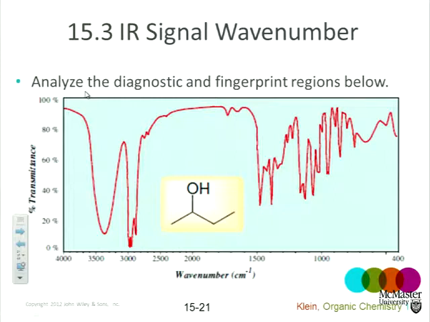Okay, so here now is 2-butanol. The diagnostic region, this is the same spectrum, we've talked about it. The diagnostic region shows you the OH stretch here, the CH stretch here. Where's the CO single bond stretch? It's down there in the fingerprint region somewhere.